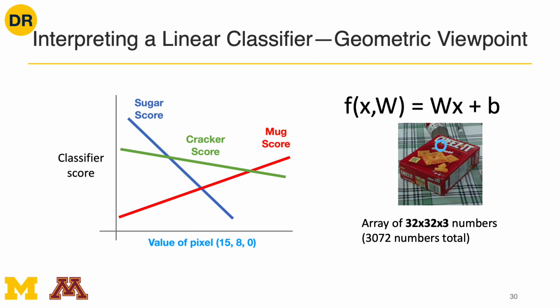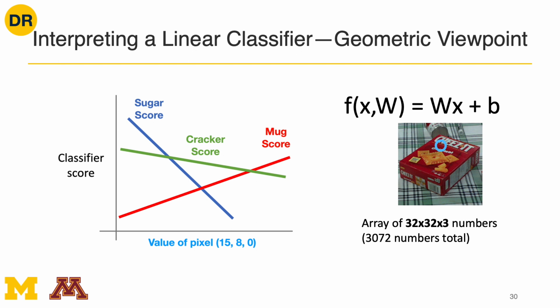And so because our function is producing, in this case, 3 scores to try and predict between these 3 different classes of either the sugar box, the cracker box, or a mug, the scores and how those scores relatively change is then shown within the 2D plot here. And because our model is linear, each of those scores is going to vary as a linear function. So that's what we're showing.